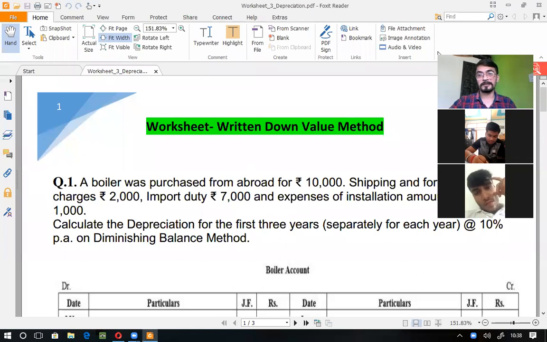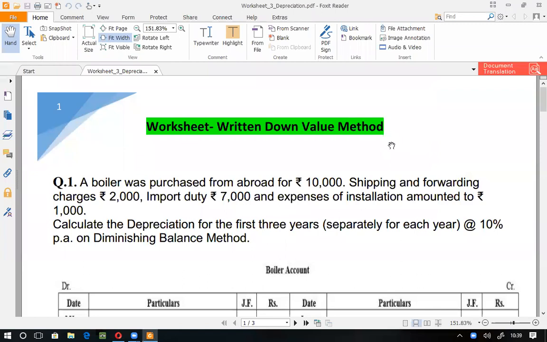So the question is here in your screen. The first question is, a boiler was purchased from abroad for rupees 10,000, shipping and forwarding charges rupees 2,000, import duty rupees 7,000, and expenses of installation amounted to rupees 1,000. Calculate the depreciation for first 3 years separately for each year at the rate 10% per annum on diminishing balance method.